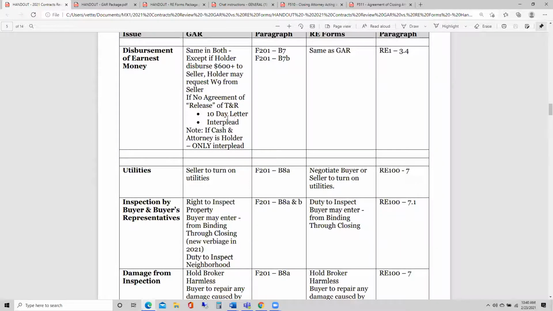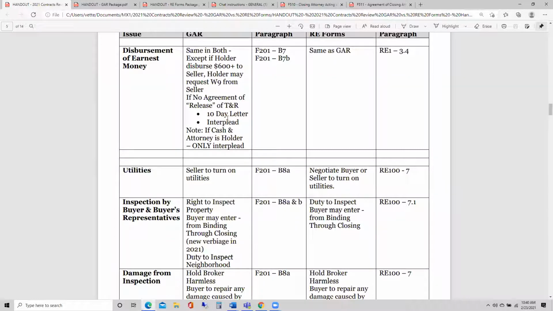One of them is we can do what we call the 10-day letter, meaning the holder interprets the contract, figures out why it failed to close, and then sends notice to the parties how they're going to disperse those funds. They have to wait 10 days for the party not getting the funds to make a contractual written objection. And then they disperse the funds.